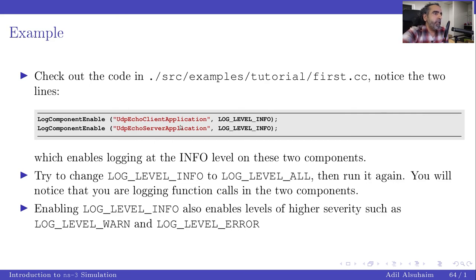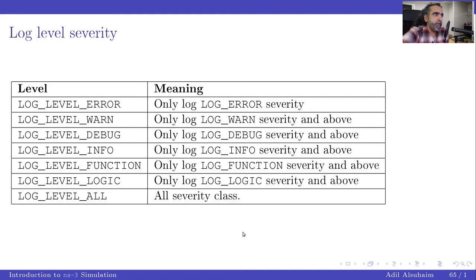So this is called log level info. You can change that to log level all to basically log everything, even function calls and everything. There are different levels: error, warn, debug, info, function, logic, all. All means all log messages.